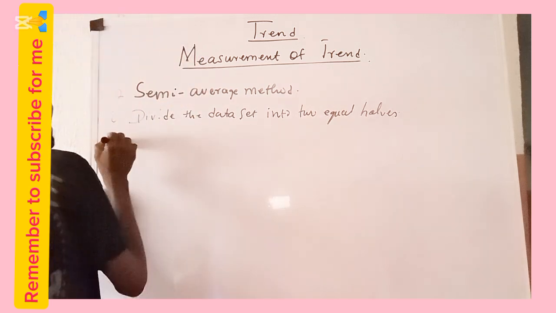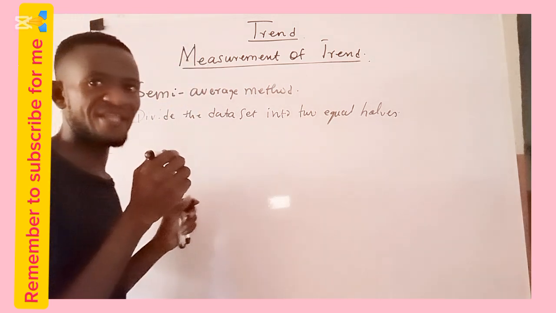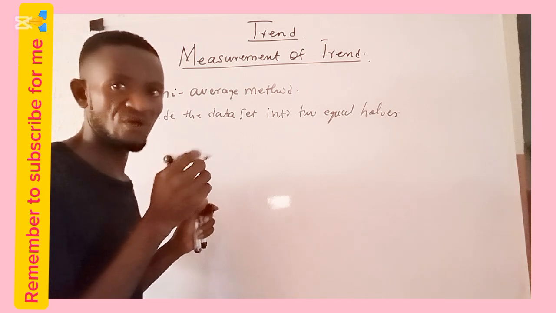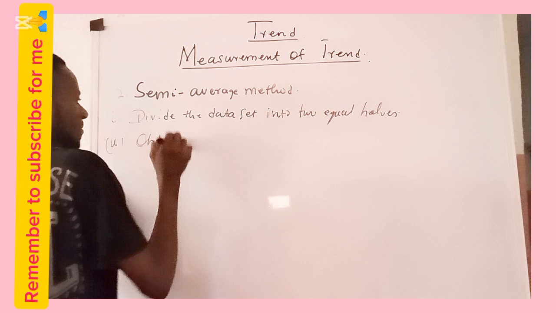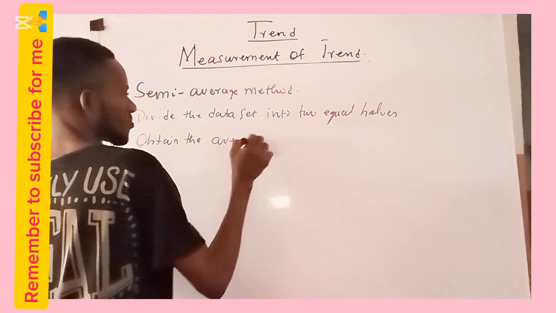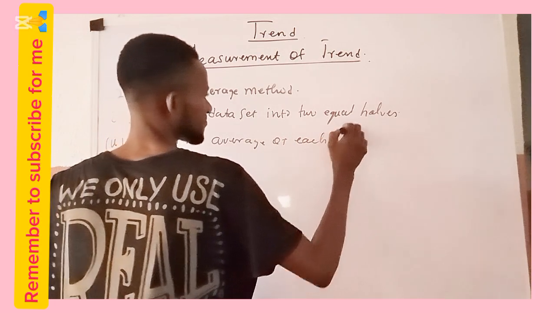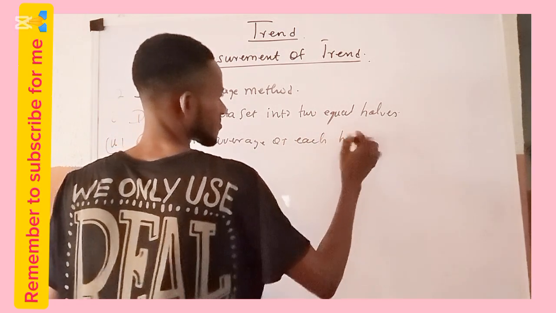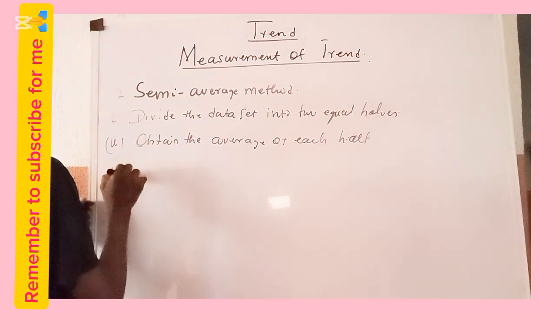Number II says obtain the average of each of the halves. Obtain the average of each half. Then we have III.